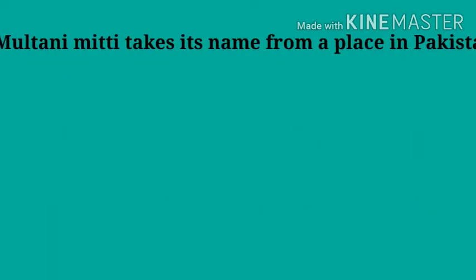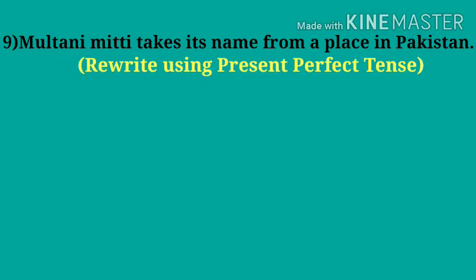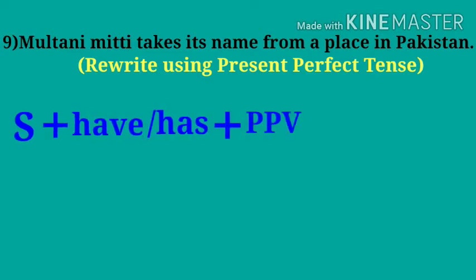Okay, now the next sentence. Multani Mitti takes its name from a place in Pakistan. Rewrite using present perfect tense. Present perfect means which column? Third column. What is the structure? Subject plus have or has plus PPV, that is past participle of the verb, plus object.